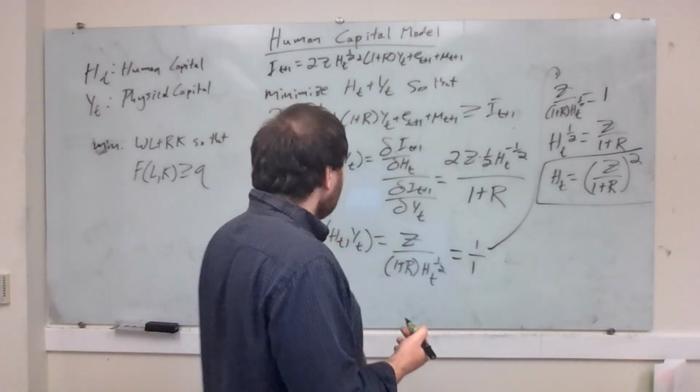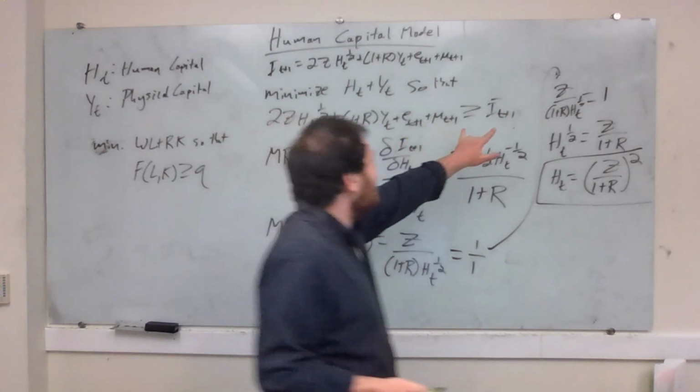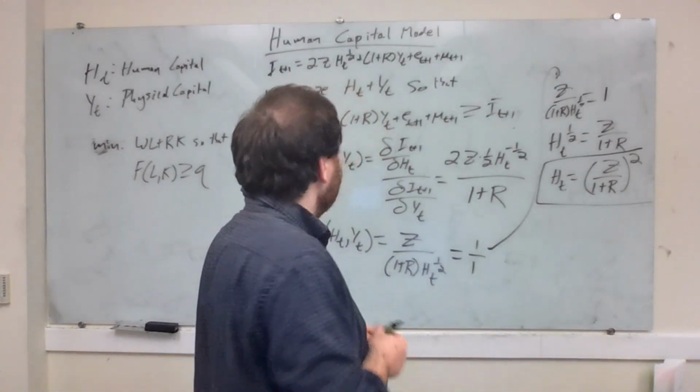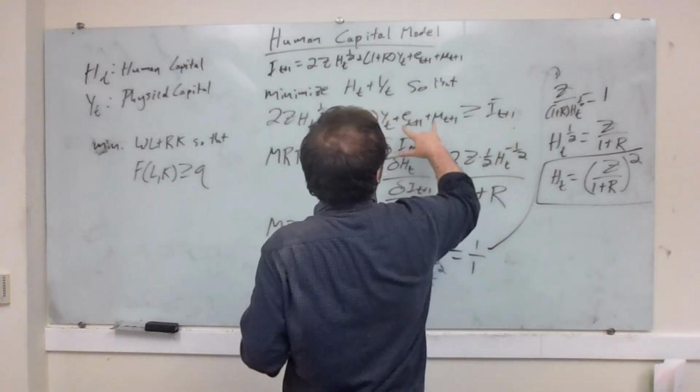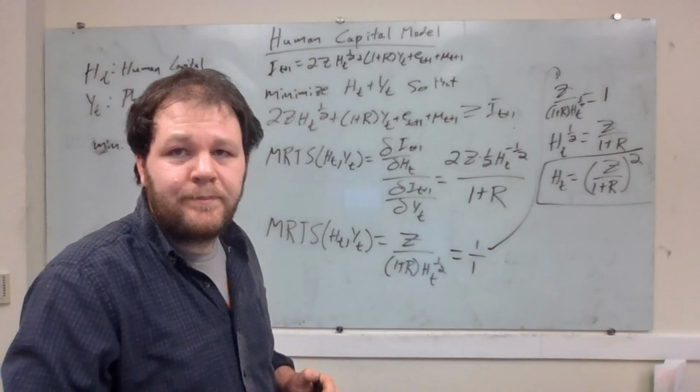And how about our physical capital? We'll just need to invest in physical capital until we satisfy the rest of this condition. So our physical capital investment is just going to be I_{t+1} minus our luck minus our optimal human capital and the rate of return.